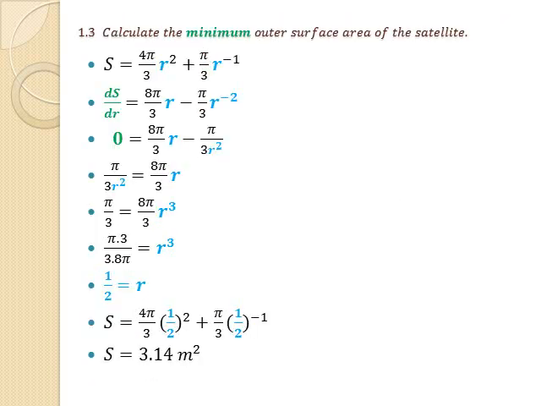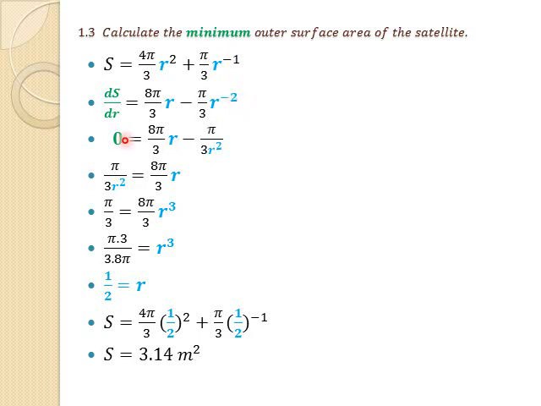So they say calculate the minimum outer surface area of the satellite. Minimum again means first derivative, make it equal to 0. 2 times 4 gives me 8 pi over 3, 2 minus 1, r to the power 1. Negative times positive gives me negative pi over 3. Negative 1 gives me negative 2.